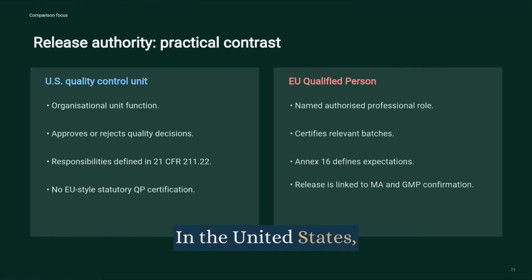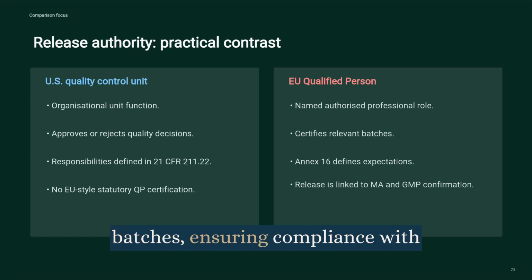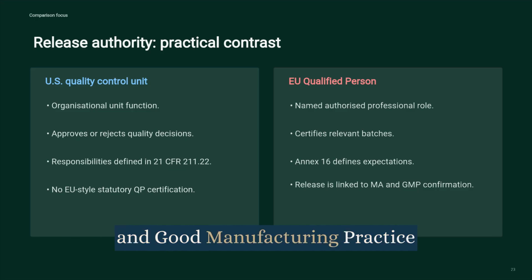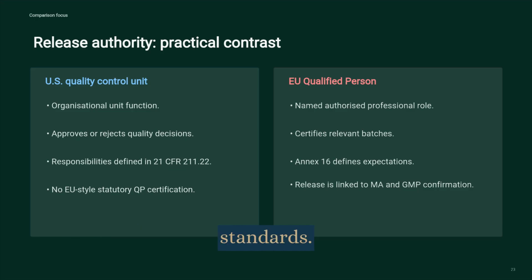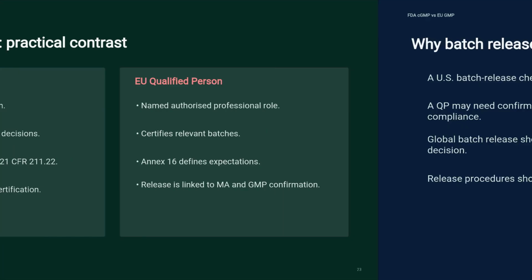In the United States, the Quality Control Unit approves or rejects quality decisions as per 21 CFR 211.22, without statutory qualified person certification. In contrast, the European Union's qualified person certifies batches, ensuring compliance with Annex 16, marketing authorization, and good manufacturing practice standards. This highlights a key difference in release authority between the regions.